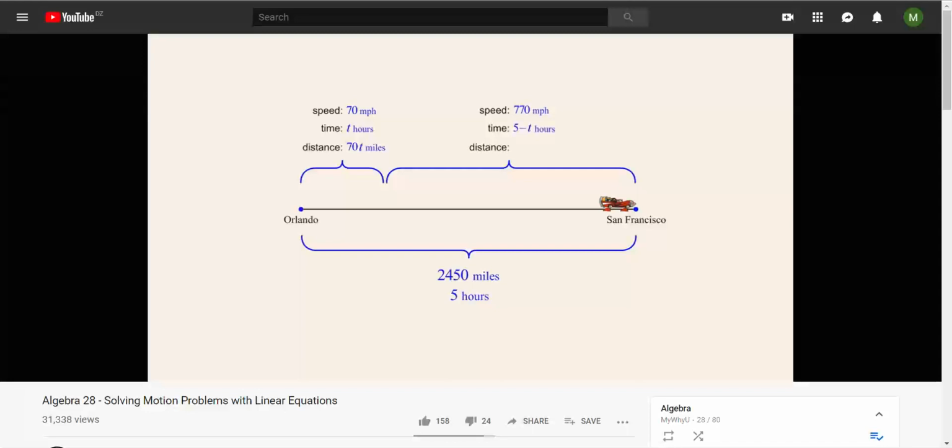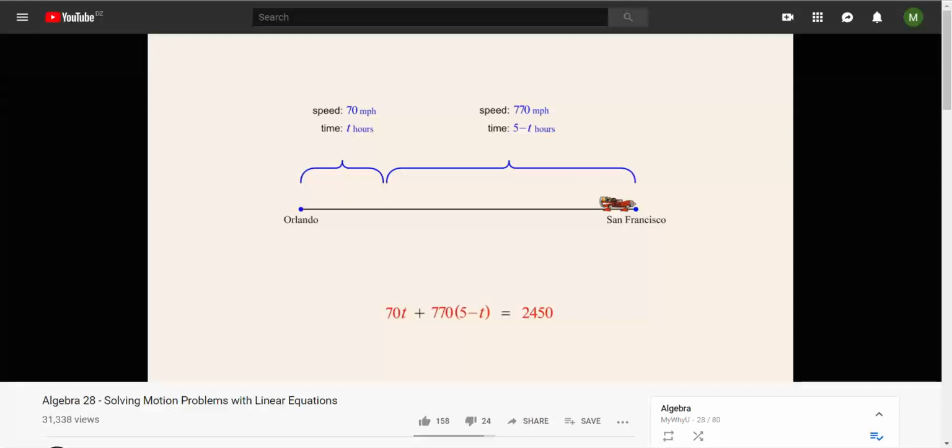Likewise, the distance traveled during the second leg is 770 times 5 minus t miles. The sum of these two distances must equal the total distance traveled, or 2,450 miles. We now have an equation which can be solved for the unknown variable t.